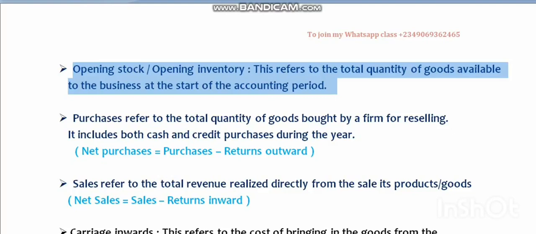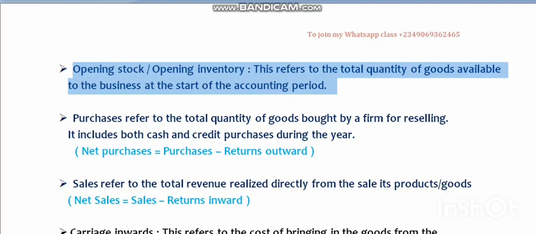Let me say at the end of the year, when the business is closing the stock, those leftover stock are called closing stock. Now, when the business resumes later, those closing stock automatically change to opening stock because they are the quantity of goods available at the beginning of the year.